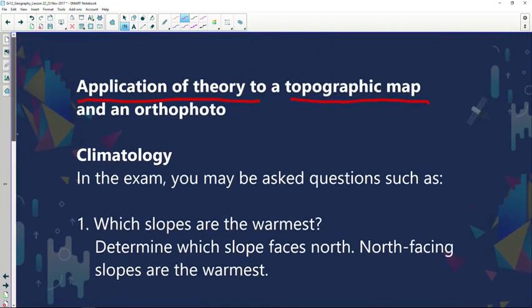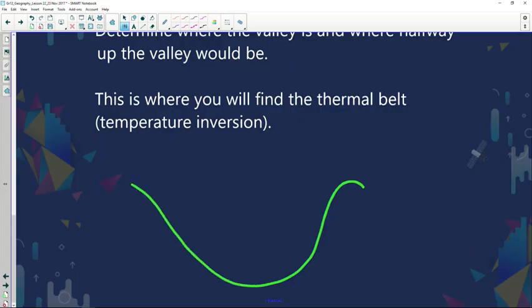First of all, when we learned about local climate, we looked at aspect. I'm just quickly going to draw it for you. There's our north-facing slope and there's our south-facing slope.